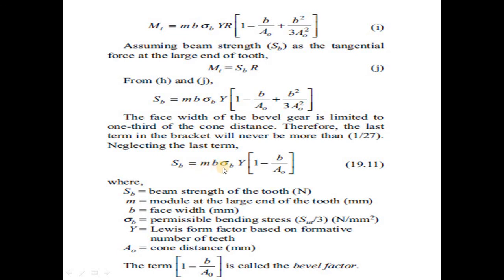SB is equal to m b sigma b Y into 1 minus b upon A naught. Here SB is the beam strength, m is the module, b is the face width, sigma b is the allowable bending stress, Y is the Lewis form factor, and A naught is the cone distance. That term 1 minus b upon A naught is called the bevel factor. This is the beam strength equation for a bevel gear.